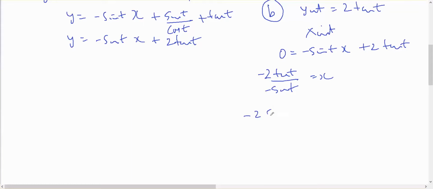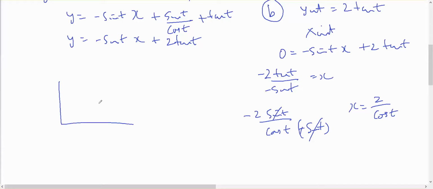Negative 2 sine t on cos t with a negative sine t on the bottom. The sine t's cancel, the negatives cancel, x equals 2 on cos t.